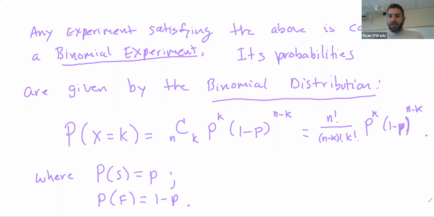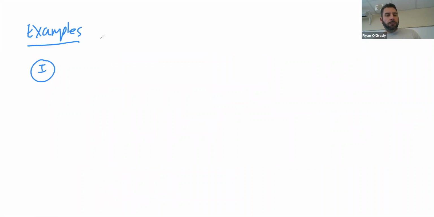Hopefully not too much. All right, so let's look at an example to see how this works, and we'll go to the one we had before. Let's do 2 examples real quick. So once again, a coin is flipped 3 times.